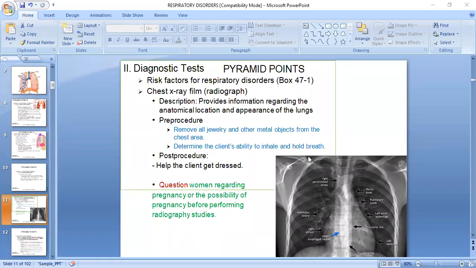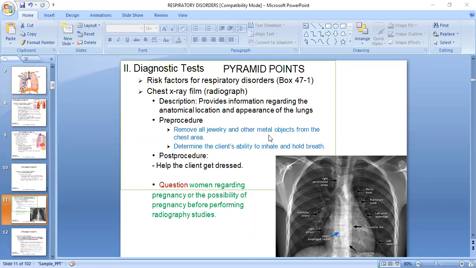What you have to do pre-procedure, before the technique: definitely you have to explain to the patient what will be done, and take their consent.